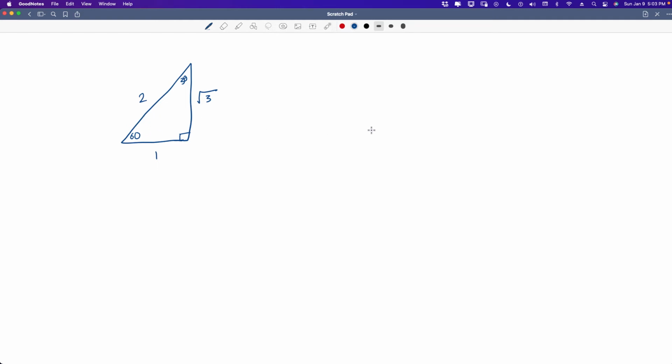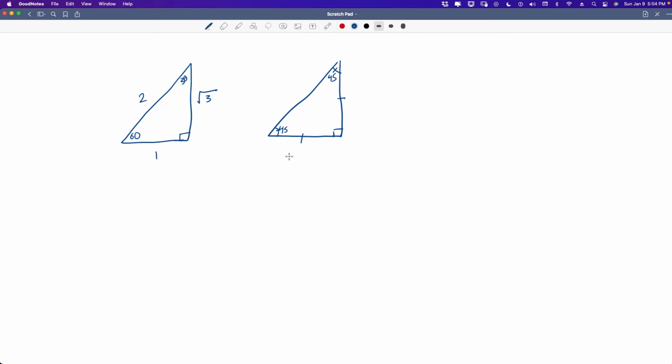So we're going to do the same thing with a 45, 45. And a 45, 45 looks like this. It's just a little bit different from this one. So 45 here, 45 here. So that tells us that this side is going to be the same as this side, because that's an isosceles triangle. When these two sides are the same length, these two angles are also the same angle. So if they're 45 degrees and 45 degrees, it's an isosceles triangle.